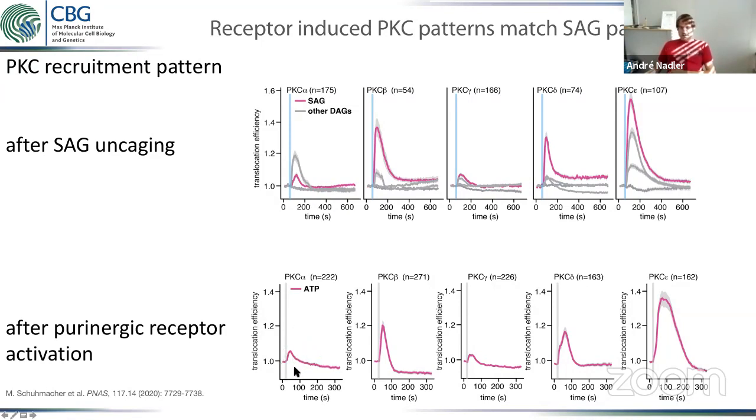So you get only little response in recruitment of PKC alpha. PKC beta recruitment is stronger, only little for PKC gamma, intermediate response for PKC delta, and a strong response for PKC epsilon. So this essentially gives us a lot of trust that what we are doing is actually reflective of what happens in the cell.